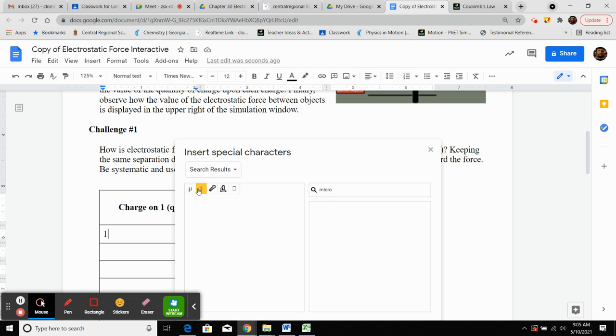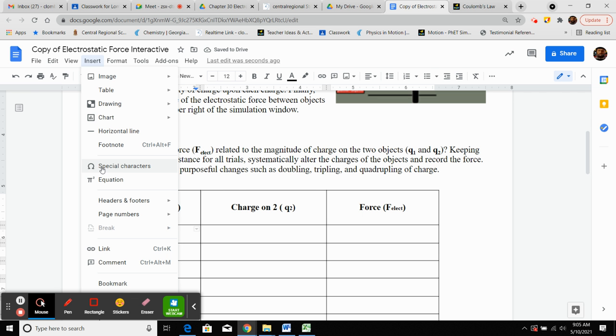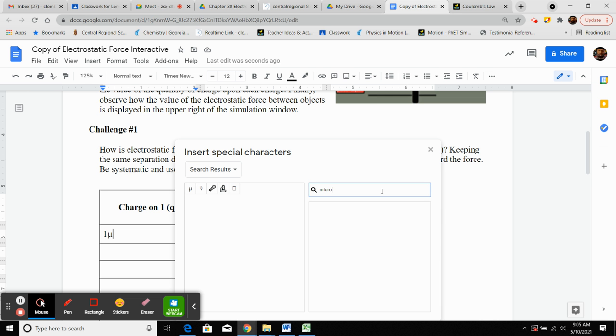So you type in the word micro, and then it looks like a lowercase u with a little tail hanging off the front. Wait, so how did you do that again? I'm sorry. All right, you're going to go to insert, down to special characters, and where it says search by keyword, just type in micro, M-I-C-R-O, and it should be the one all the way to the left.